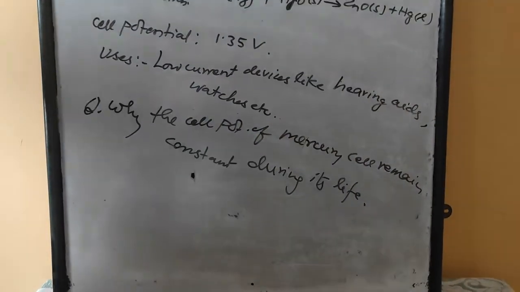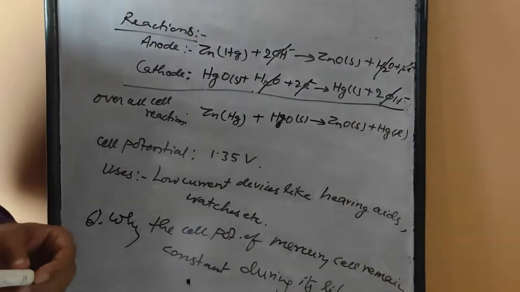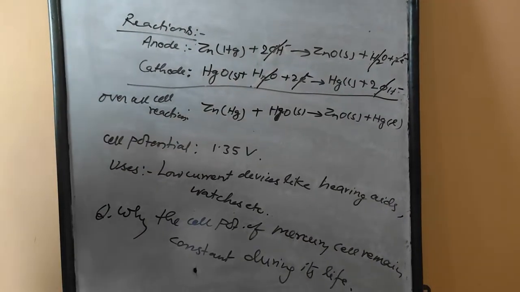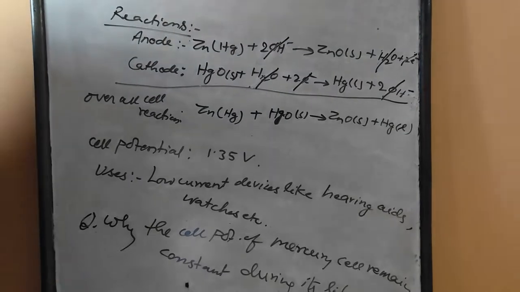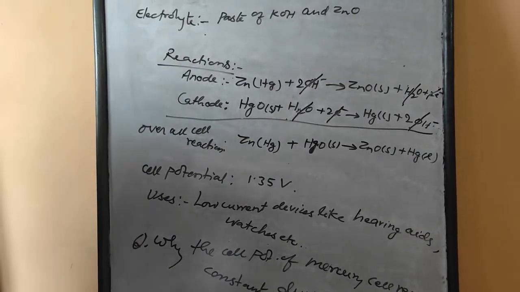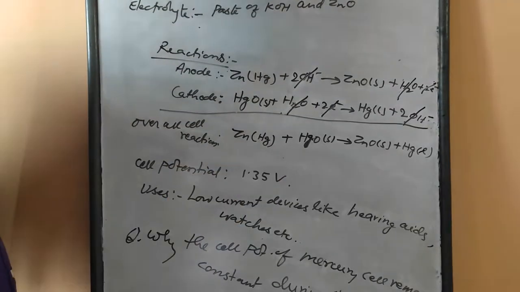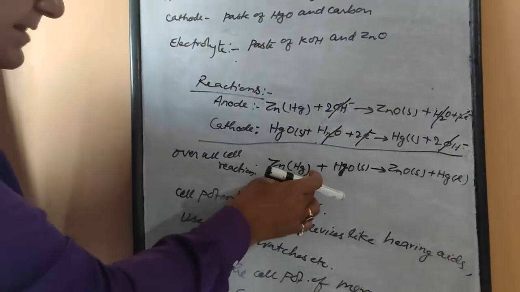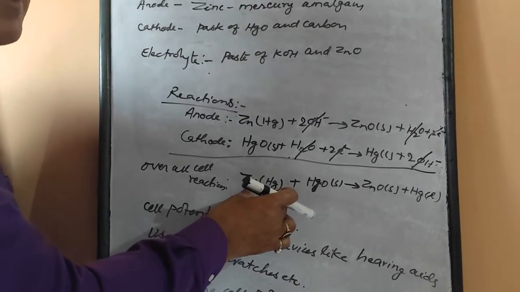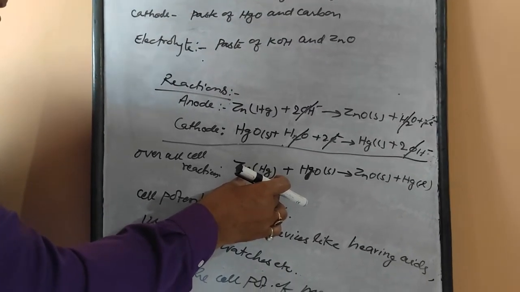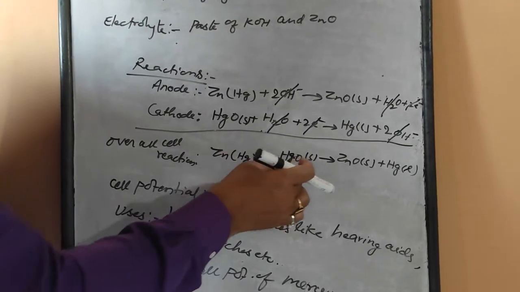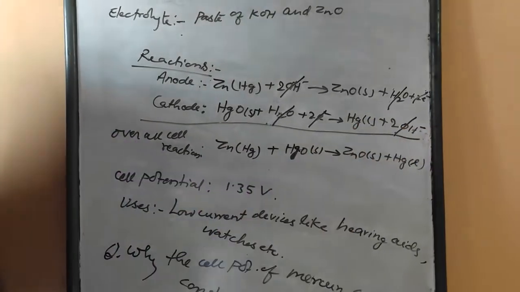You see, according to the Nernst equation, we know that when the concentration of the ion or the electrolyte changes, the electrode potential changes. In the overall cell reaction, there is no aqueous solution and no metal ion. It is Zn(Hg), HgO solid, ZnO solid, and Hg liquid only.